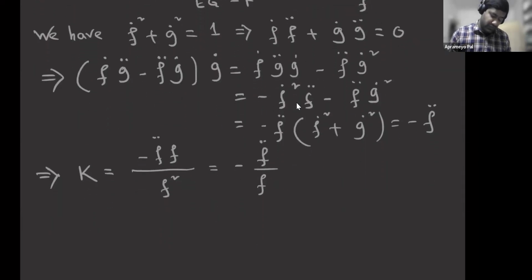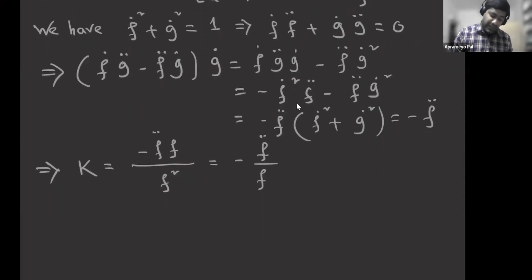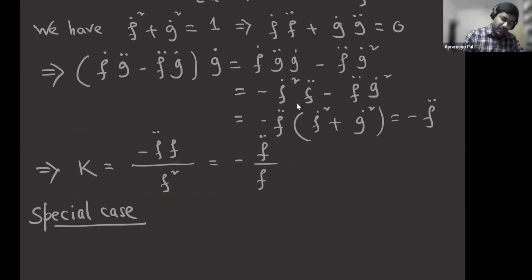Okay. So once we have computed this, the formula is now very simple. The k is given by essentially the ratio of f double dot and f, along with a negative sign. So now let's see some special cases, as we have also done in the case of the second fundamental form.